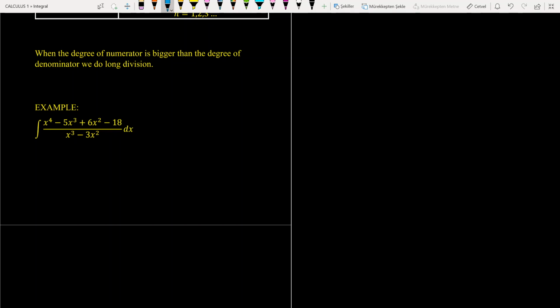Let's write x to the power 4 minus 5x cubed plus 6x squared minus 18 divided by x cubed minus 3x squared.